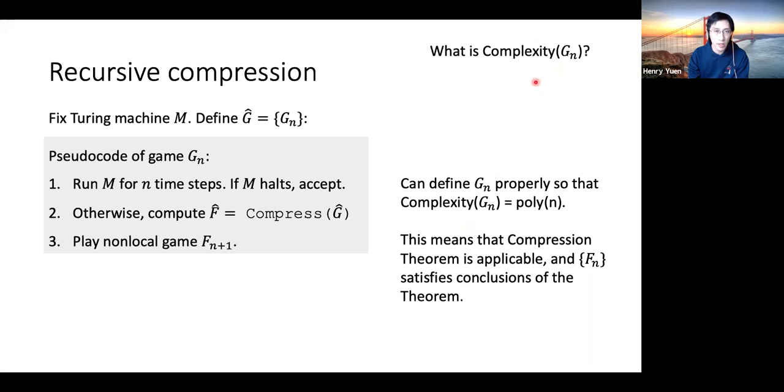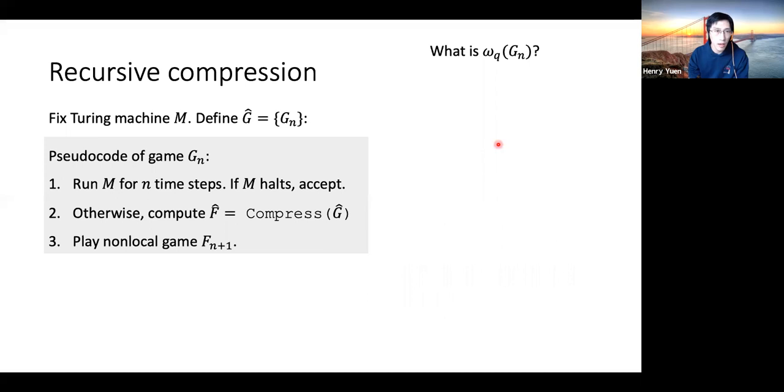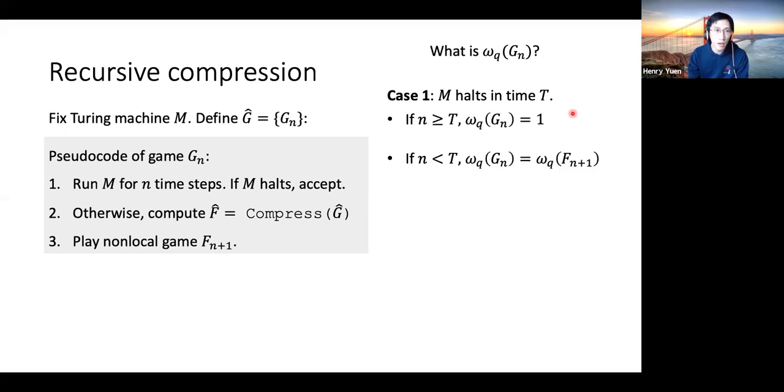Now that we know this complexity, we know that we can actually apply the compression theorem. And now the interesting question was, what is the value of this game G sub n? So let's break it up into two steps. Step one, M halts in some time t. It's just some integer t. Immediately, just from the description of the game, we know two things. If the index of this game n is greater than t, then we know that the value of this game is 1.